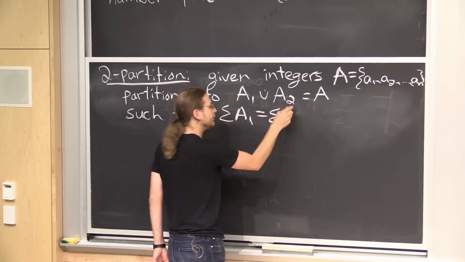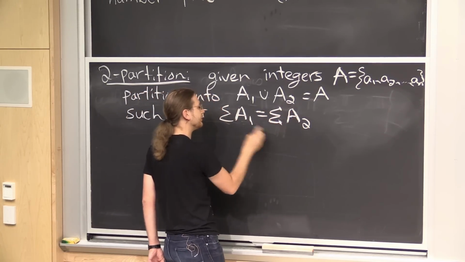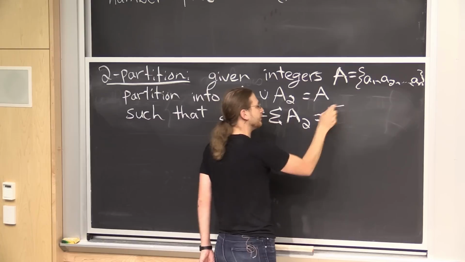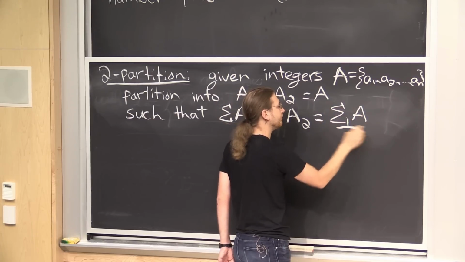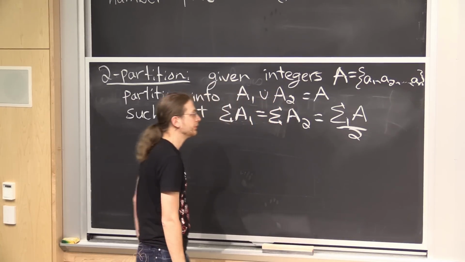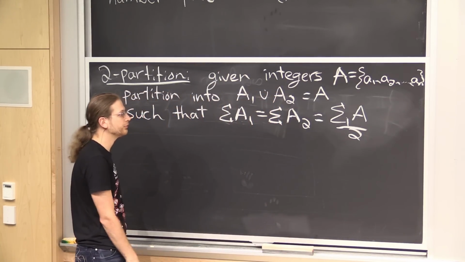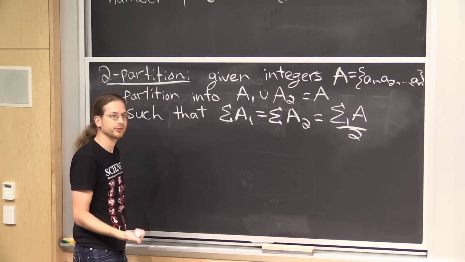We want the sum of the integers in A1 to equal the sum of the integers in A2, and therefore they will equal 1/2 the total sum. So we just want to decide a binary choice for each number. Should it go in A1 or A2?